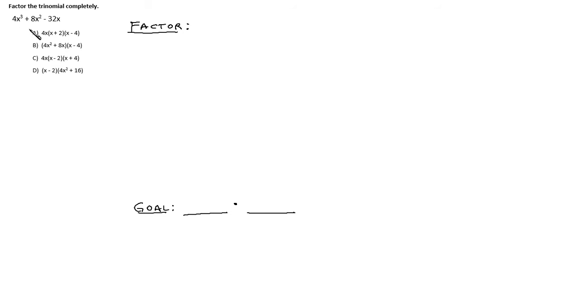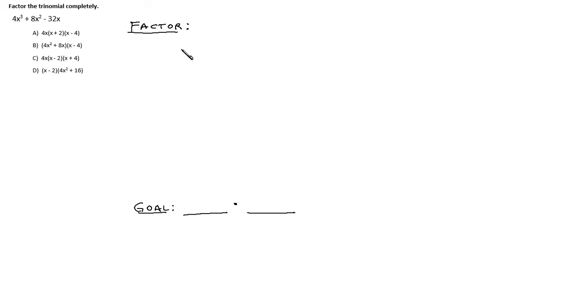This polynomial is essentially a collection of terms connected with add and subtract, but what we're being asked to do is convert it to an expression that's connected with multiply. Okay, that's the essential meaning of factoring, the goal of factoring.